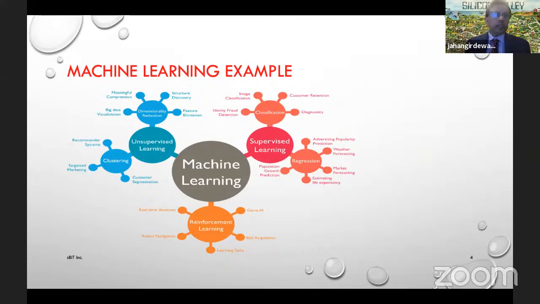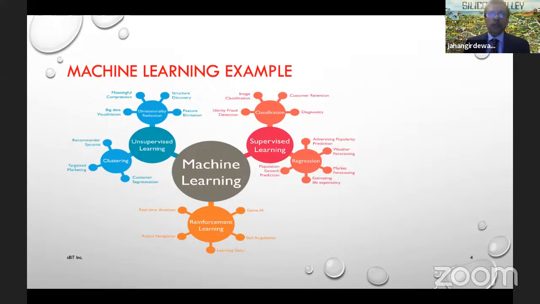There is unsupervised learning as well, which mainly uses clustering algorithms or other algorithms using dimensionality reduction. Machine learning also covers classification algorithms, for example classifying a diagnostic report to decide whether someone will have a rare disease or not.